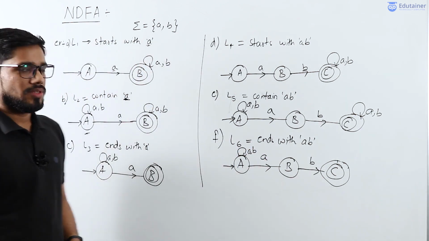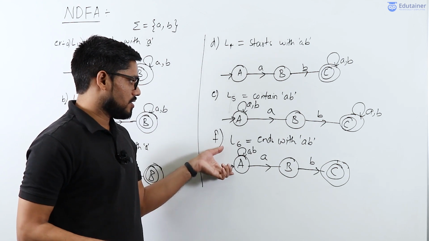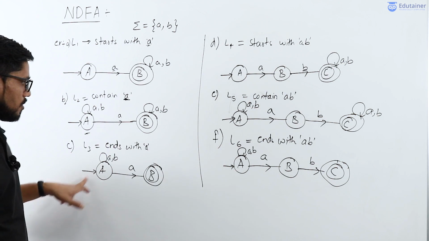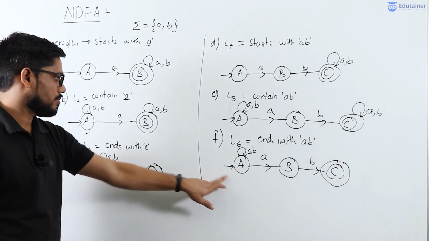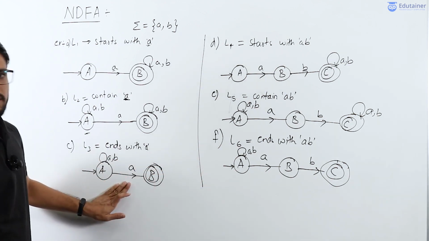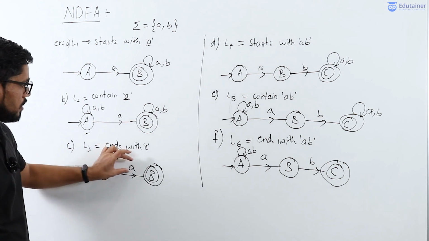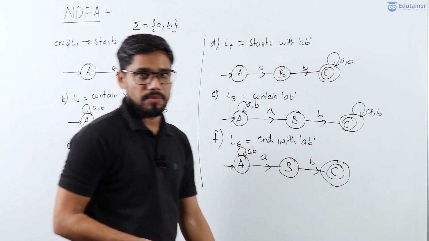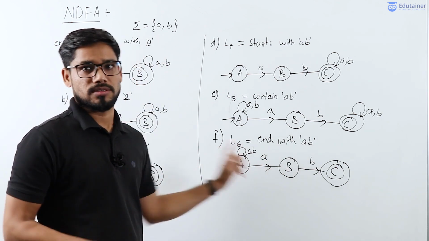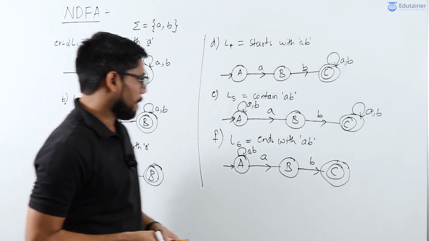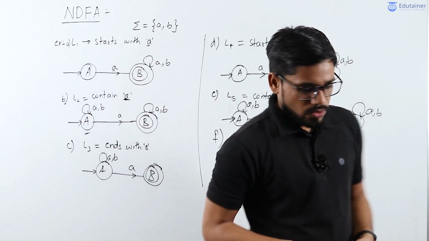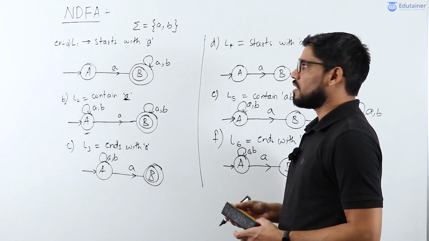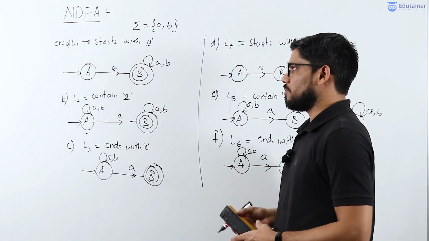So this is the transition diagram for a language which ends with AB. If you compare this language and this language, you will find that both are similar. Here I take the language which ends with A, and here the language which ends with AB, but the procedure and the diagram are very similar. Similarly, you can practice other examples also, which I have covered in the DFA part.